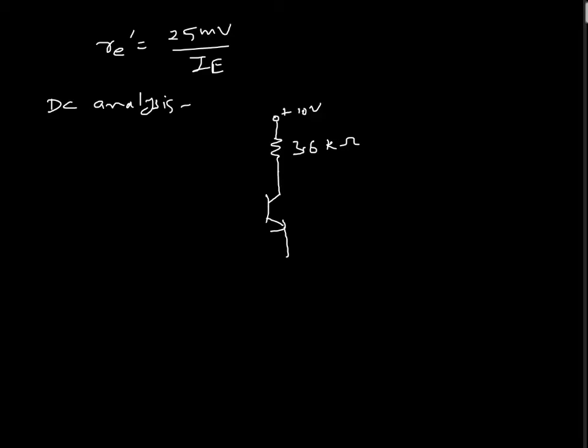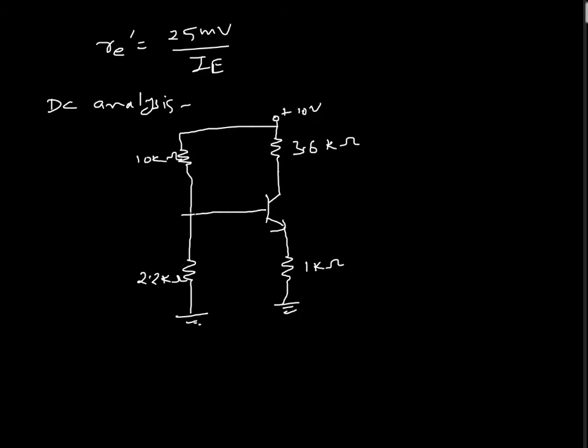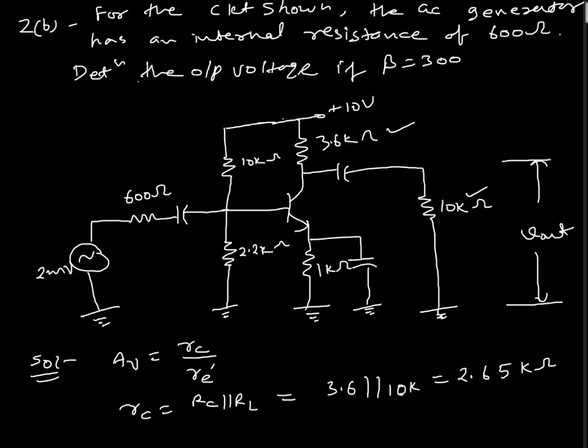Then this is RE, which is 1 kilo ohm. And from here, this is R1 and this is R2. R1 is given as 10 kilo ohm, R2 is given as 2.2 kilo ohm. Okay, so this is the DC part of the circuit, where we have removed the capacitor.